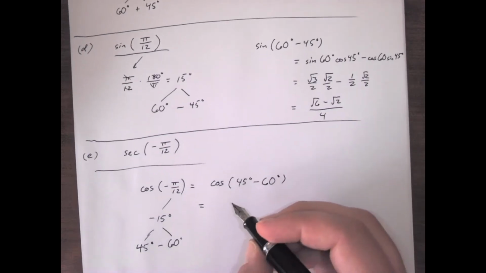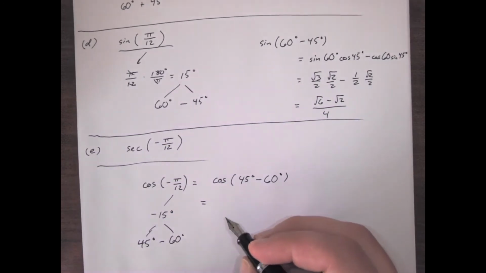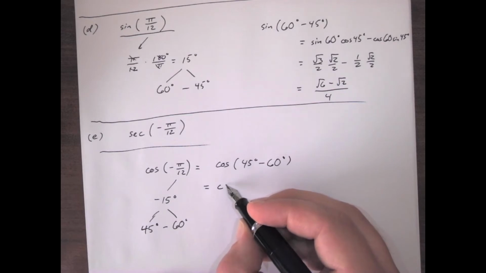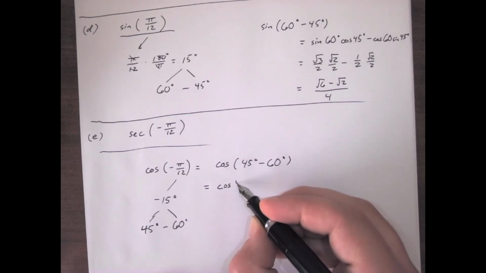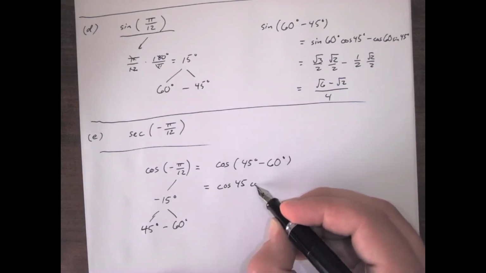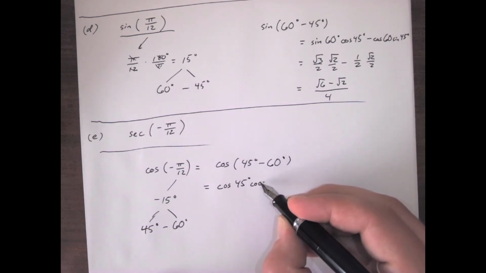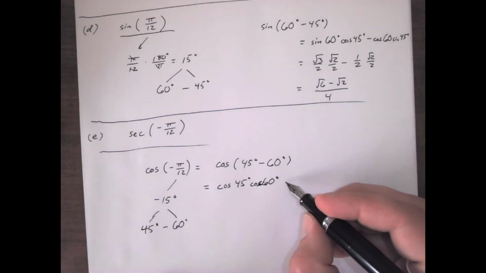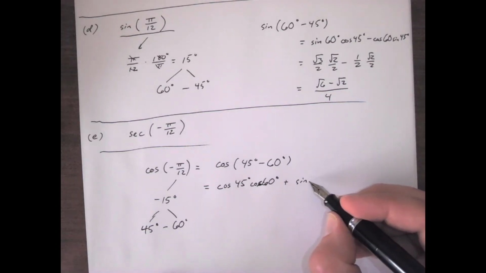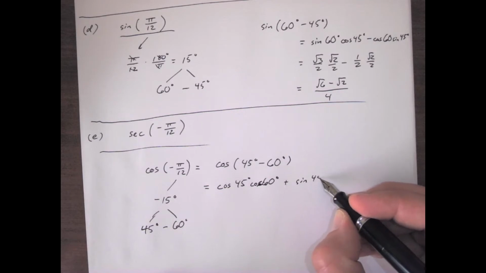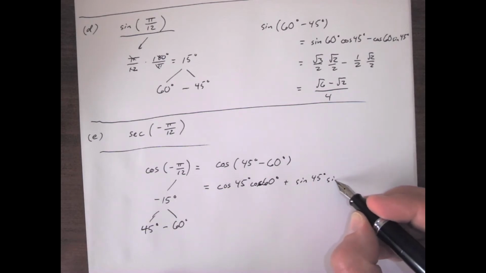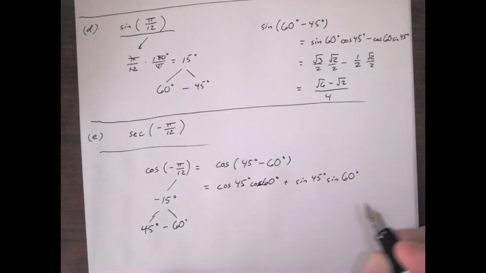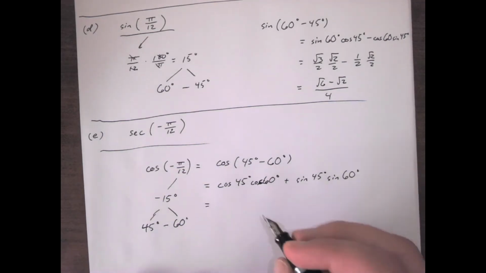Which in turn, if we use the cosine subtraction formula, is going to be cosine cosine plus sine sine. Ordinarily it would have been minus, but because it's a subtraction, it becomes a plus. And now let's think about where that takes us.